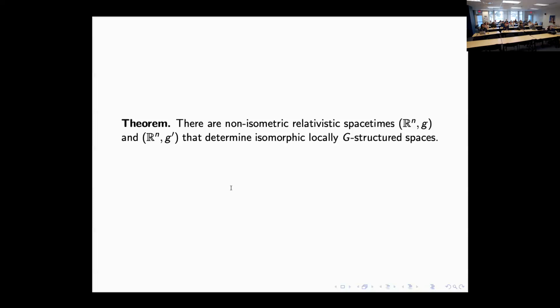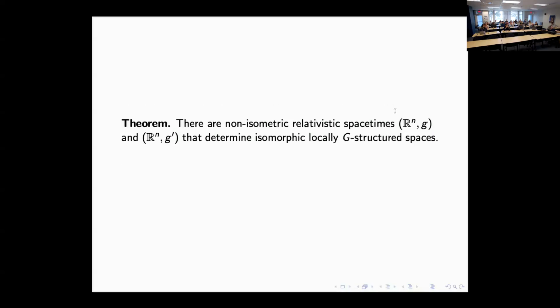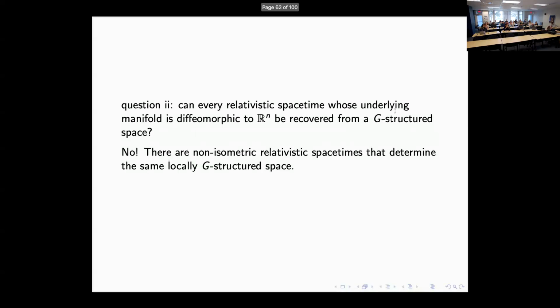Similarly, the proposition also implies that the two locally G-structured spaces recover the same manifold, because the spacetimes that we started with have the same underlying manifolds. Okay, hence the lemma on the previous slide kicks in. We have two locally G-structured spaces determined by our relativistic spacetimes. They have trivial coordinate transformation pseudogroups. They determine the same manifold, so they must be isomorphic. Okay.